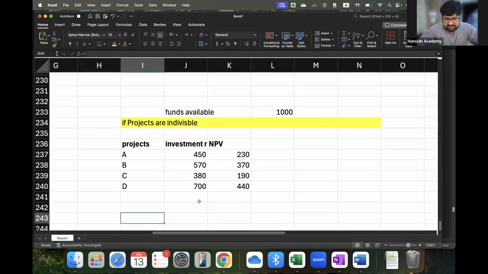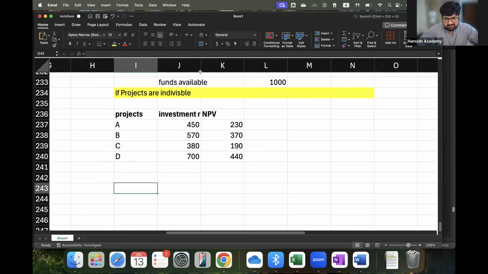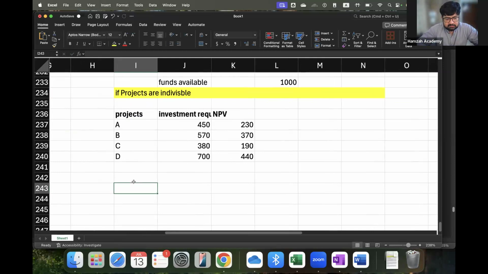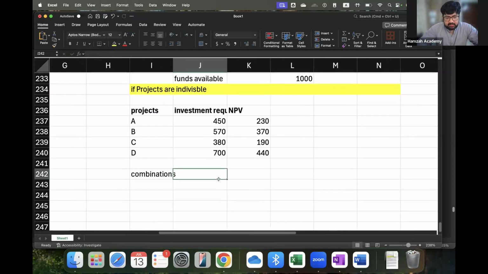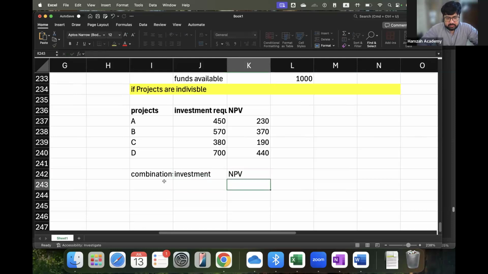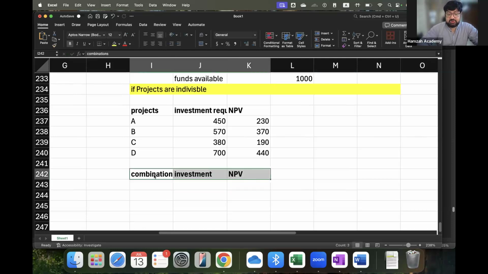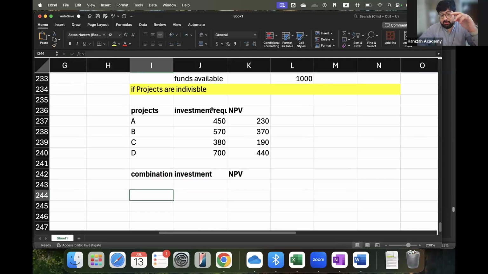Okay. Investment required and NPV earned. Just see here. Trial and error. So the limit is 1,000 investment.